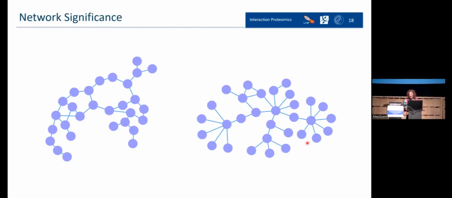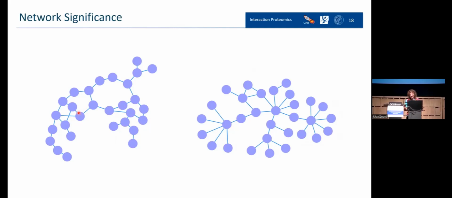Networks that have a biological meaning tend to be like this. This is because usually you have a protein here that interacts with several other proteins. While in this one, you see there are very few proteins that interact with a lot of other proteins. Usually they just have 3 or 4 interactions.